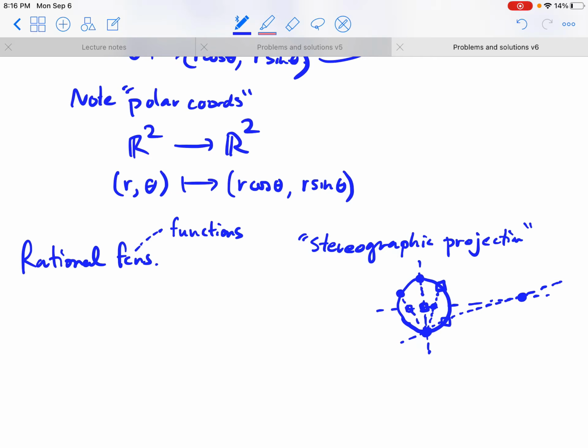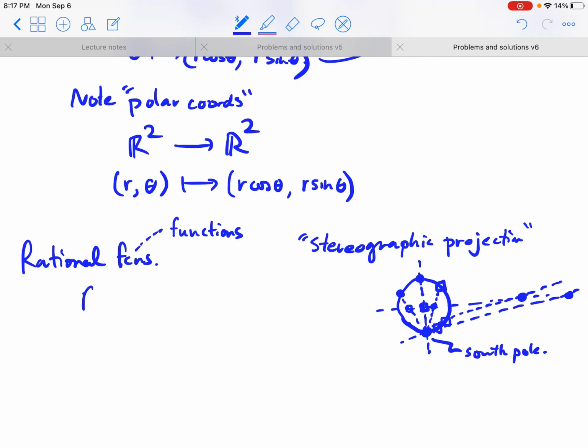If I chose this point, it would hit this point, etc. And as I go and choose points farther and farther away, my straight line will hit the unit circle closer and closer to this South Pole.